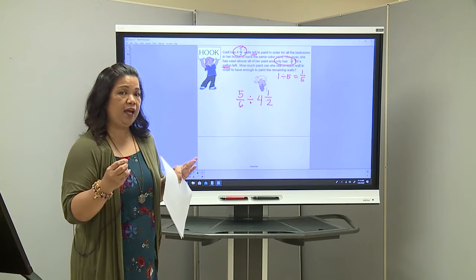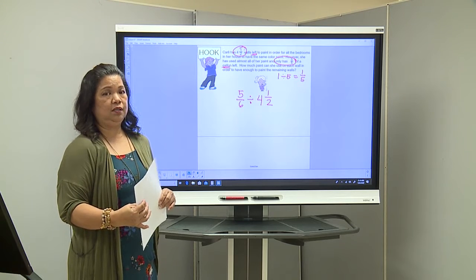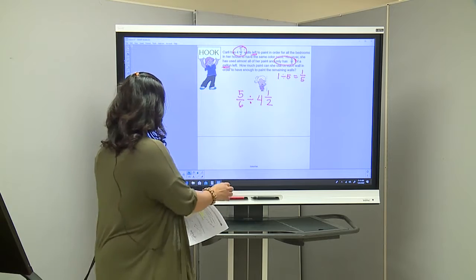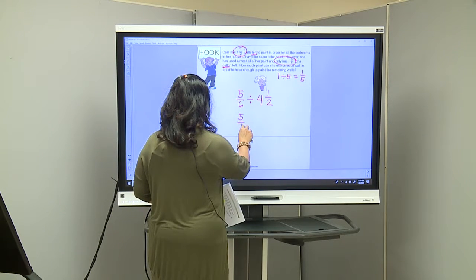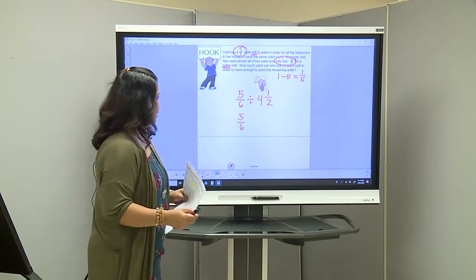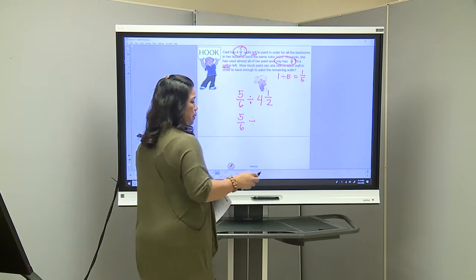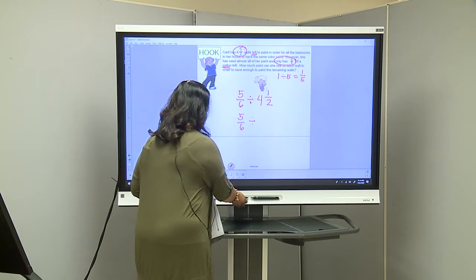But you have to change or convert your mixed number into a fraction first before you divide. So I'm going to keep my 5/6. And I am going to get my mixed number and convert it into a fraction. Now, how do we do that?